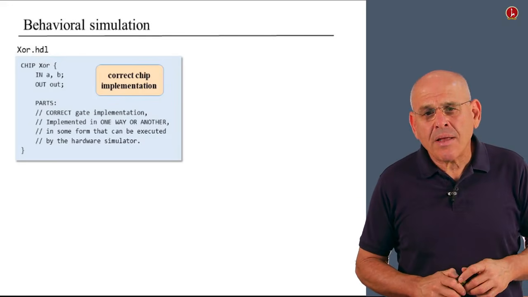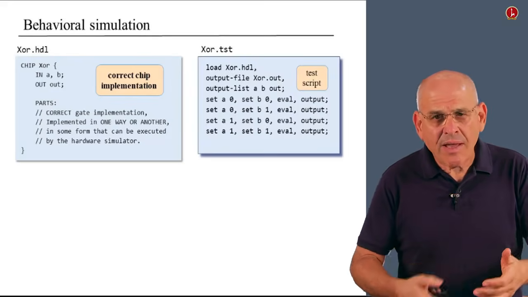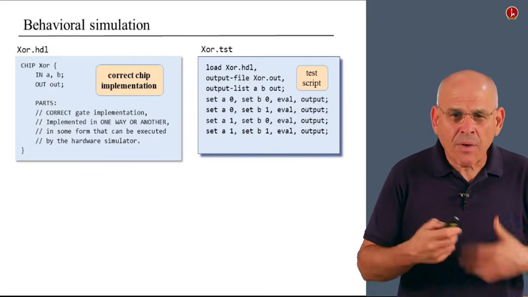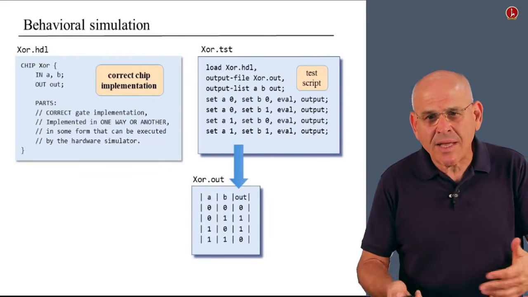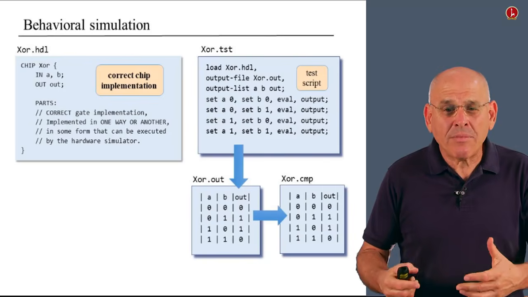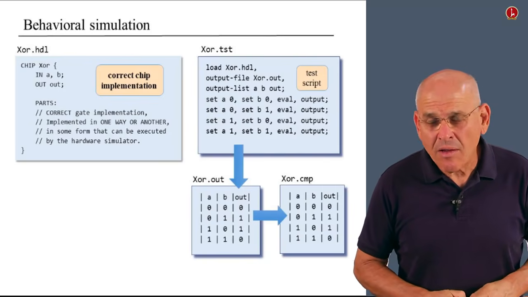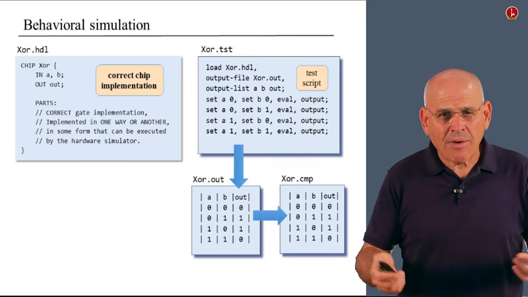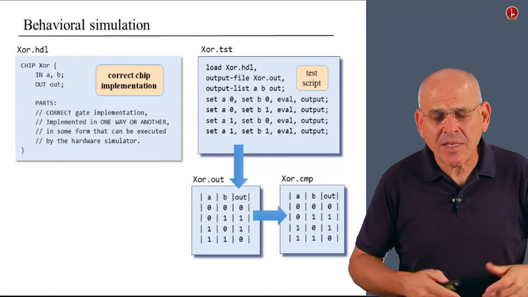And we put it into the simulator along with the script. We run it, we generate results, and then we simply rename it to be XOR.cmp, and it becomes the official compare file of this chip. So what is special about this slide? Didn't we say everything that we said here before?